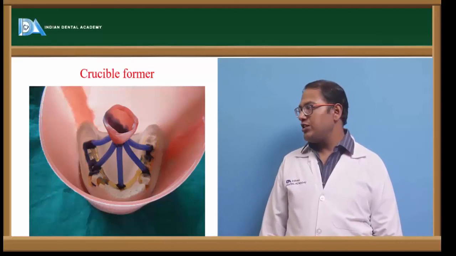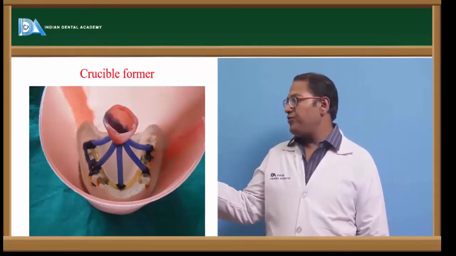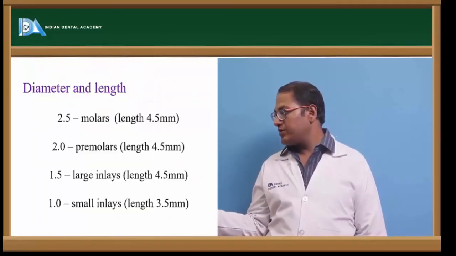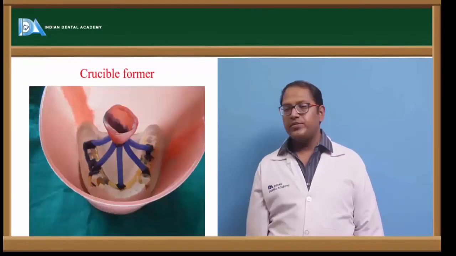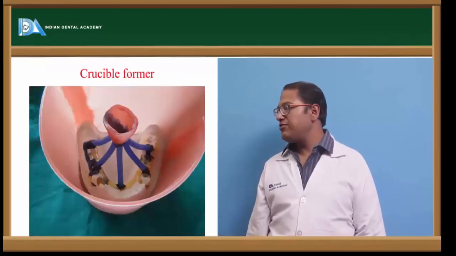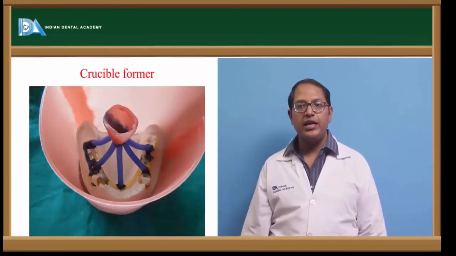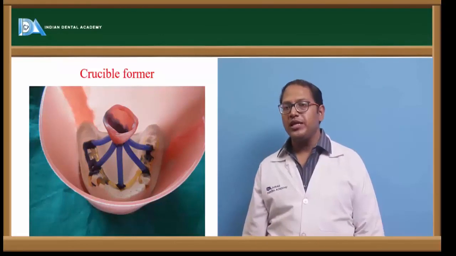It helps to position the wax pattern near the end of the casting ring without increasing the length of the sprue which we are using.